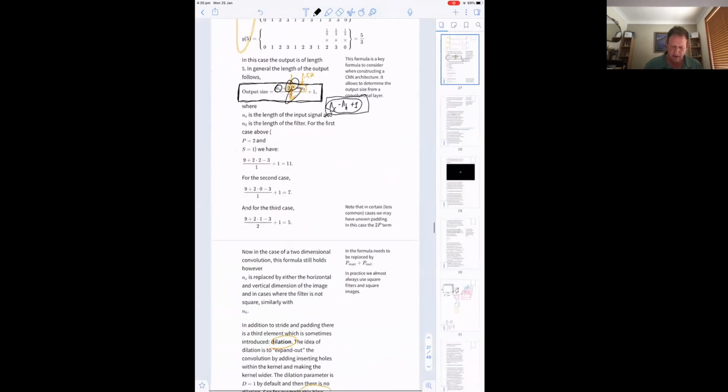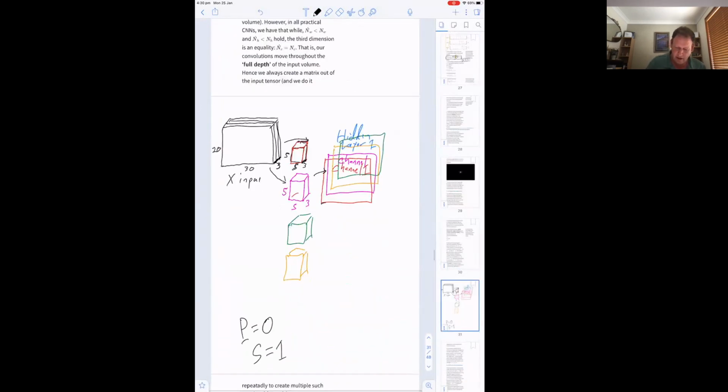So now you tell me what is the width here and the height here. We ran a 5x5 convolution, so nx minus nh plus 1. Not exactly 15 by 50.